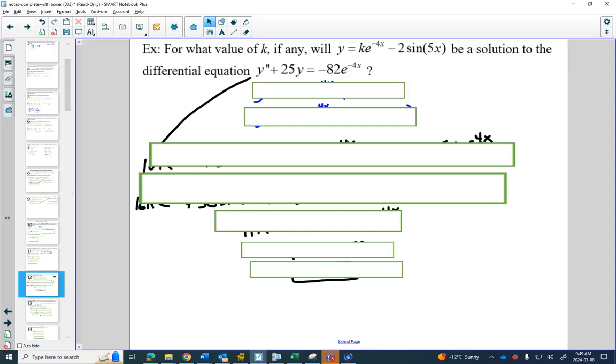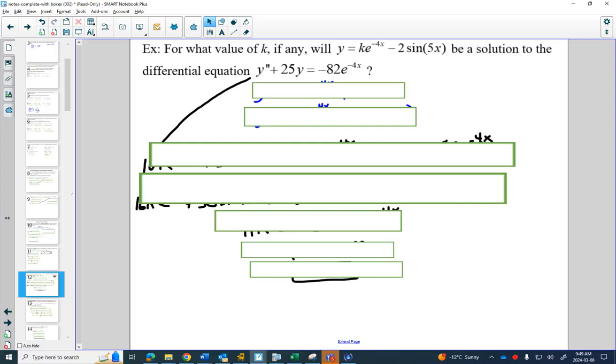So again, in this unit, if we have a differential equation and we want something to be a solution, we need to work backwards to find out if that would be the original equation. So if my second derivative plus 25y happens to equal negative 82e to the negative 4x, could this be a solution?